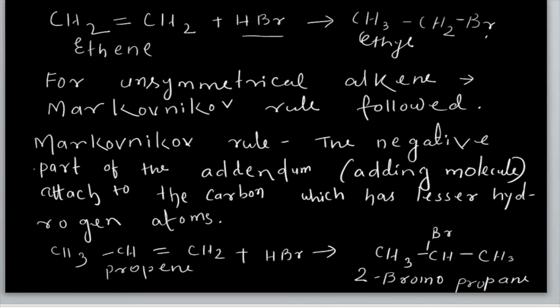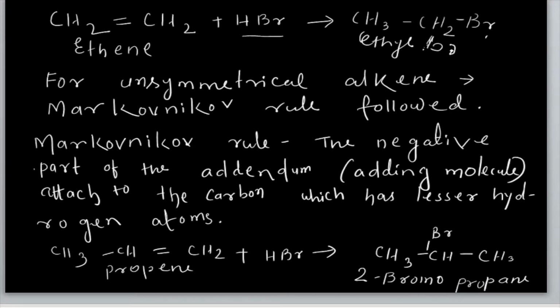Then how is it 1 bromoethane? Now when HBr is added, if you add right side Br and left side H, the meaning is same. And similarly, if you have left side 1 Br attached and right side 1 hydrogen attached, then the product is same.